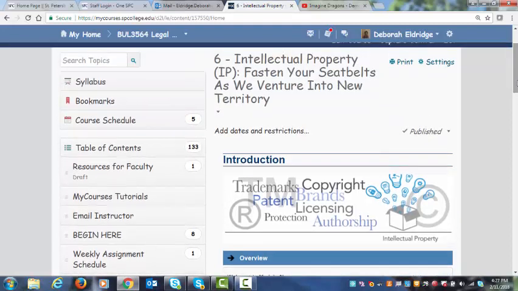Today we start talking about intellectual property. Intellectual property refers to personal property that is of an intangible nature, because you're looking at a property right as opposed to something that you can necessarily touch and feel, like a computer or a book or a chair or a couch or a refrigerator.